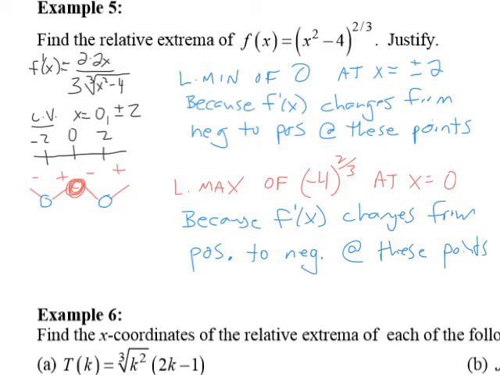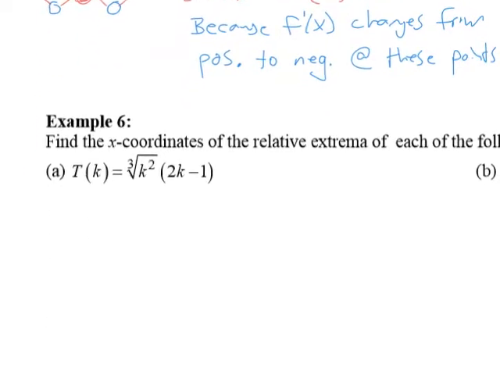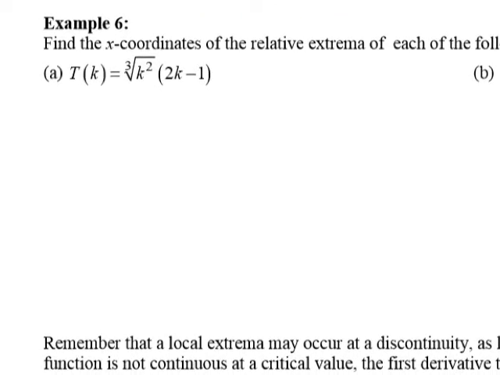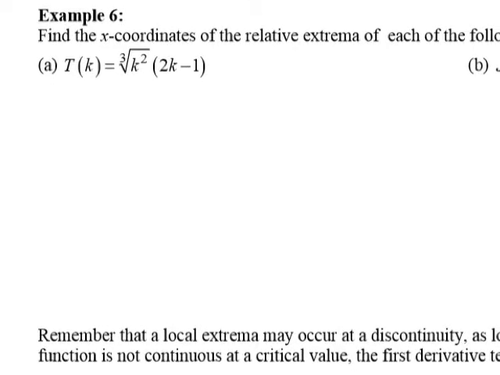Okay, example 6, I'm going to do the first half with you because finding the critical values requires a little bit of prowess in algebra. So let's do that together. We're going to take the first derivative, and the first derivative is going to require us to use the product rule.